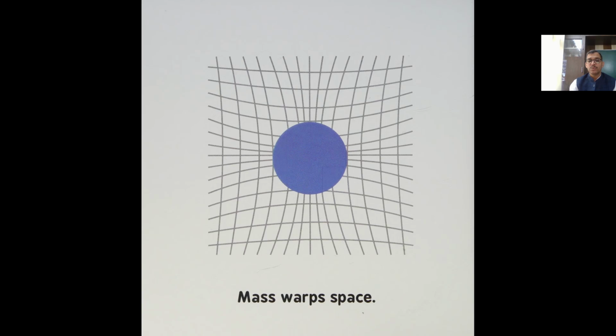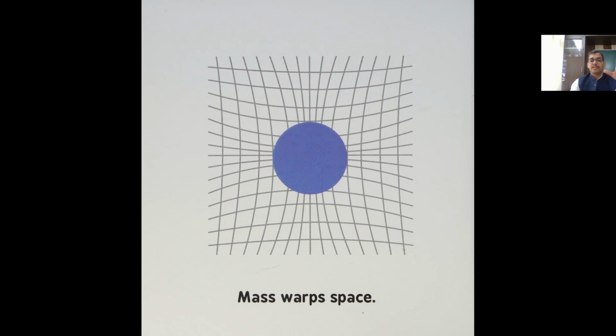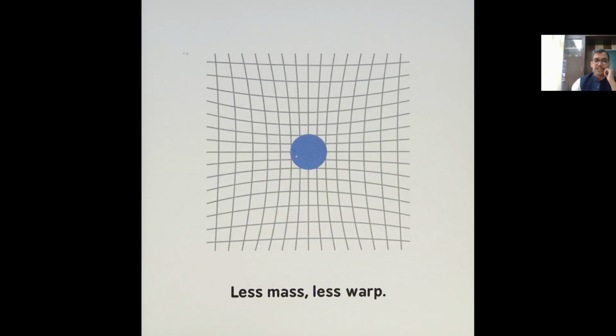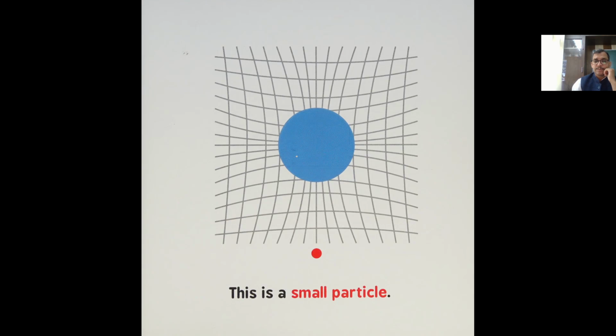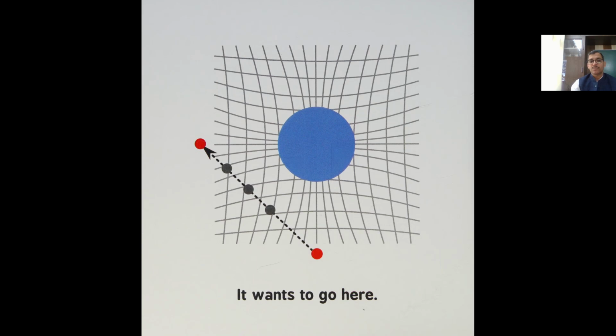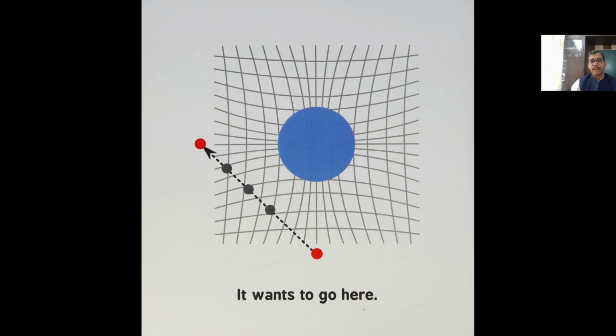But if you put some mass into this flat space, then it warps the space, like this, as it is shown here. Less mass means less warp. More mass means more. This is a small particle and it must follow this path, but it cannot, because of this warping of space.